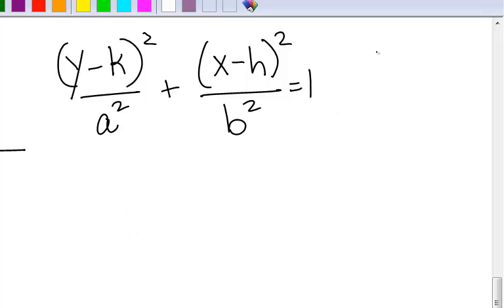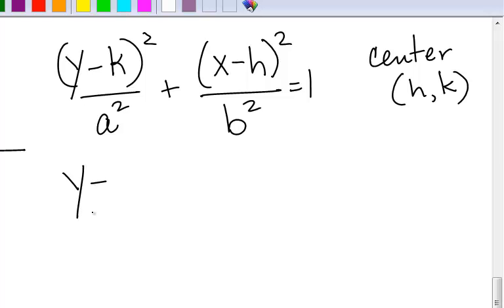The center on this is still HK, but you got to look at the order. Look at the difference between that one and the one we just did up above. So in this one, it's Y minus HK. The K is 2. The A, the major axis, 3 squared.